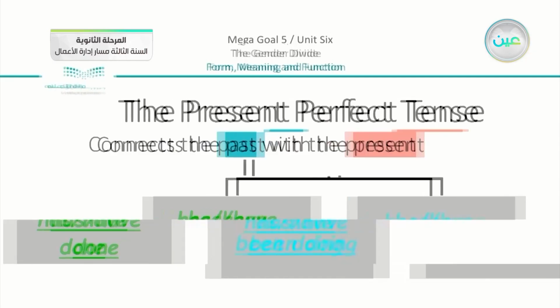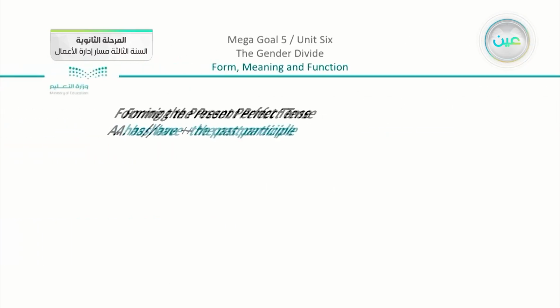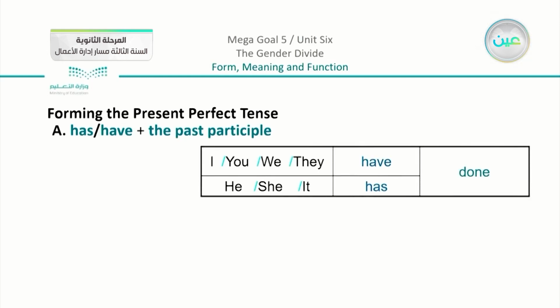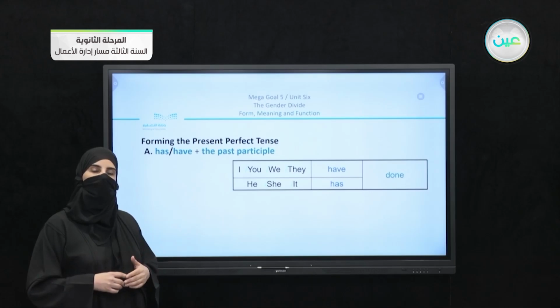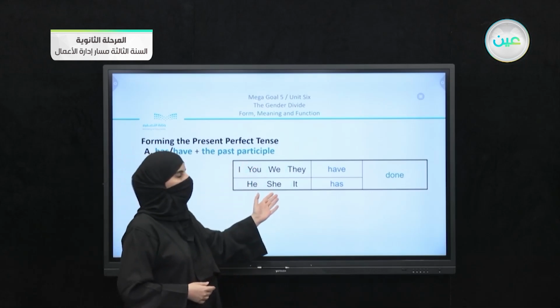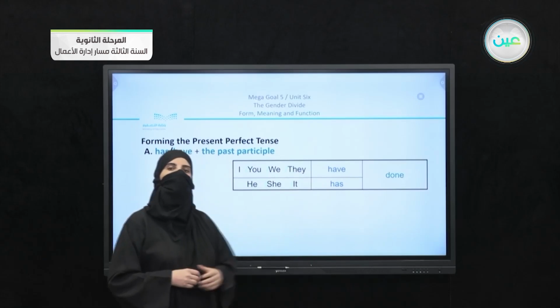Now, how is this formed? We're going to see. We have the first form, as we said, has and have plus the past participle. You can see that we have this table. Now, we do have the pronouns used for plural, and of course, they take have. We have these singular pronouns that take has, and either they are singular or plural, they come with the past participle.